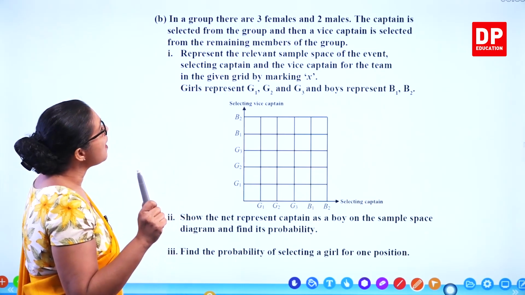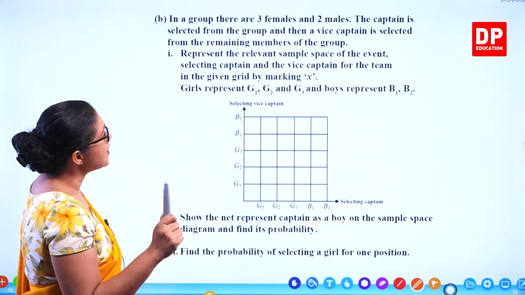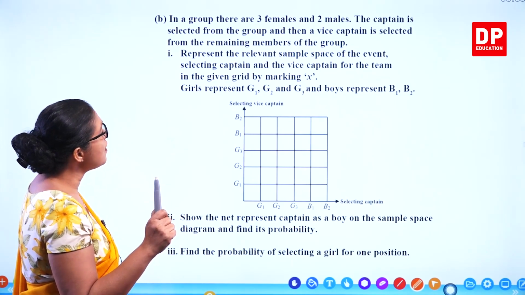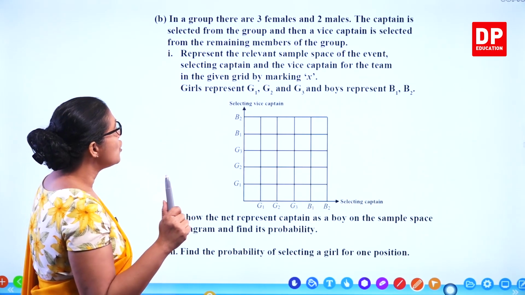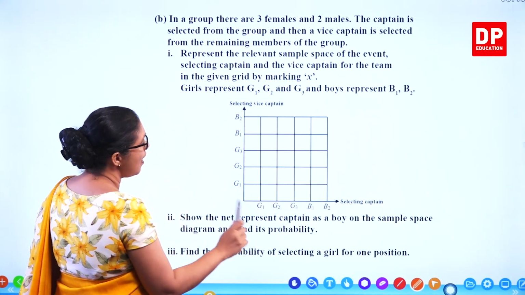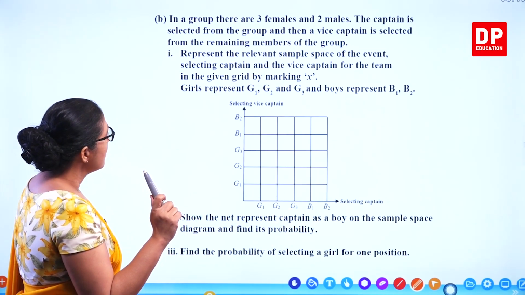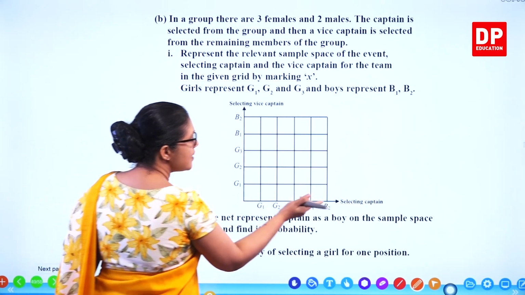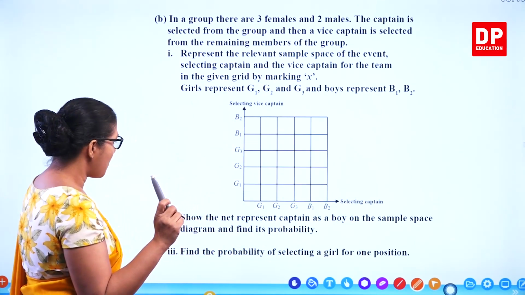Represent the relevant sample space of the event, selecting captain and the vice captain for the team in the given grid by marking X. Girls represent G1, G2, G3. That means girl 1, 2, 3. 3 girls are there. B1, B2 means 2 boys. So this side, it says selecting the captain, and this side is selecting the vice captain.